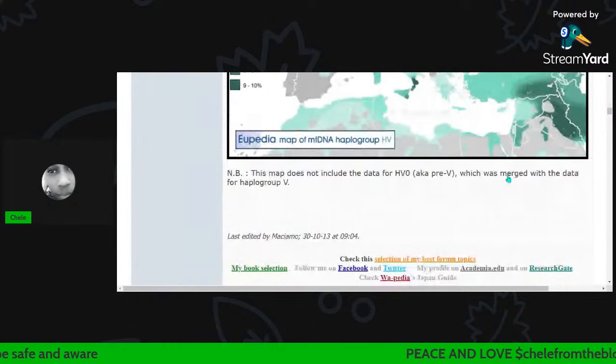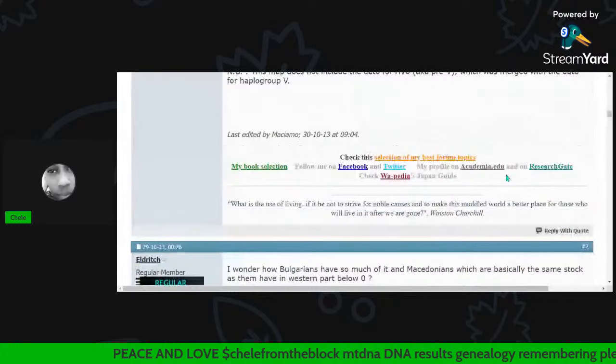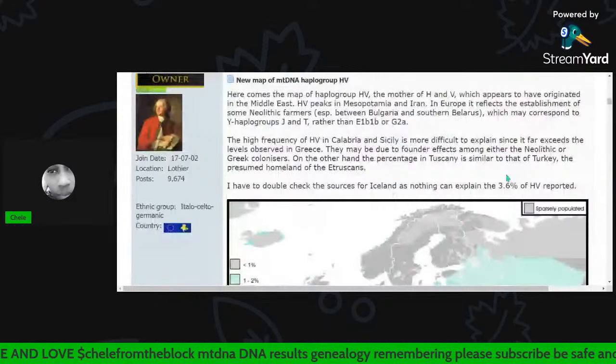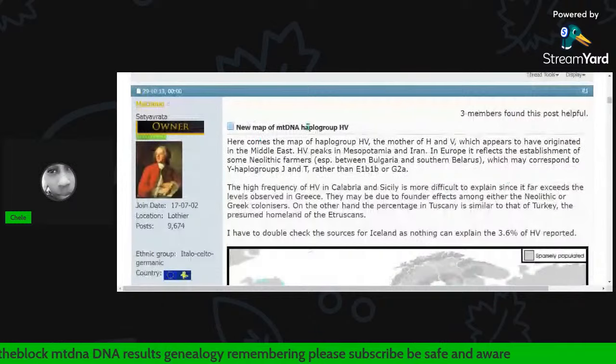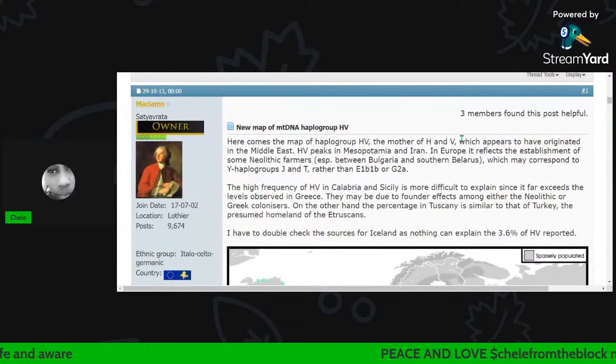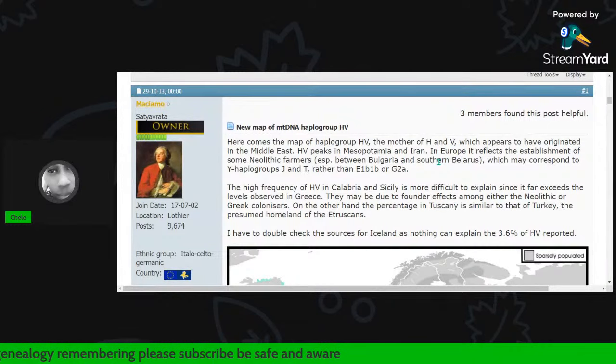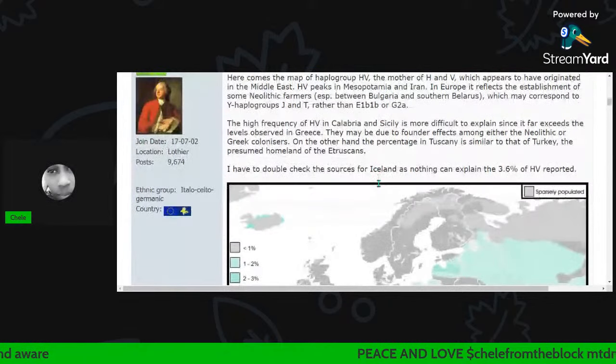What I want to know is, okay, this is a regular forum. New map of mtDNA haplogroup HV. Okay, here comes the map of haplogroup HV, the mother of H and V, which is interesting because I have H separate from HV and it's super high compared to HV. H is actually 11%. I have a lot of H remnants, which it seems to be European.